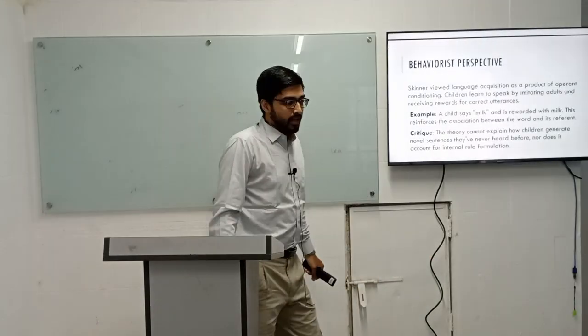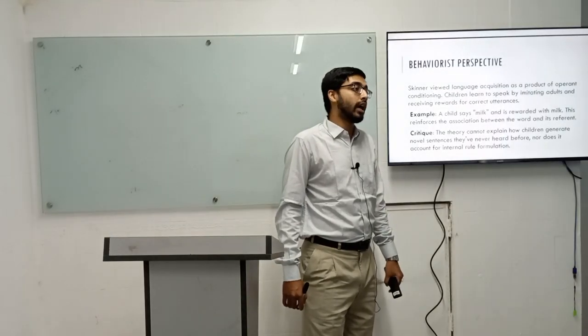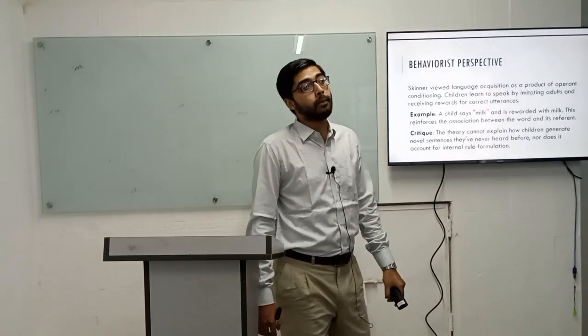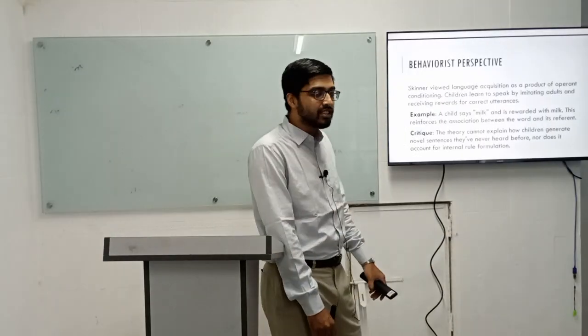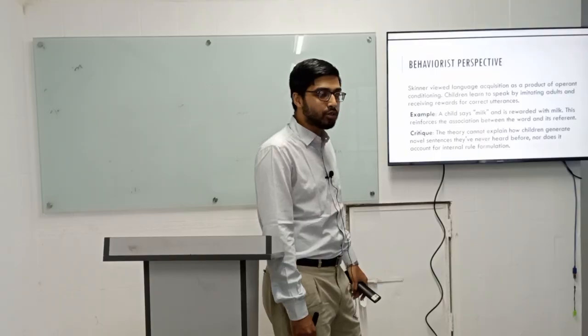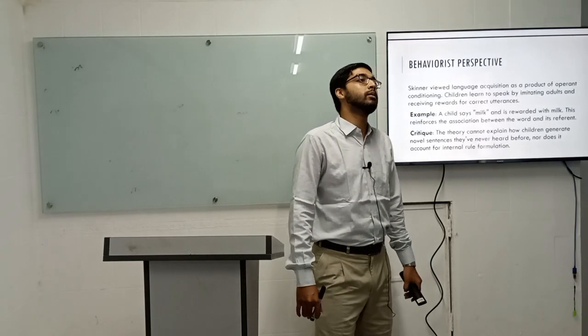So basically the theory says, whatever we are hearing, we can only reproduce that one particular thing. But this is the critic. This is not true. We can say anything that we haven't even heard before.